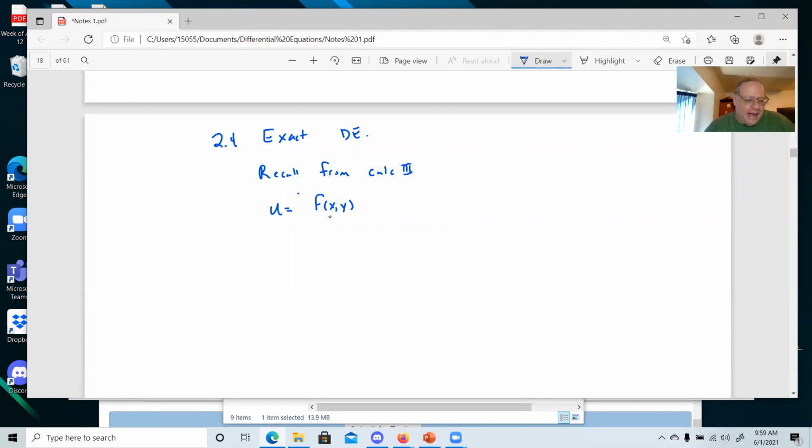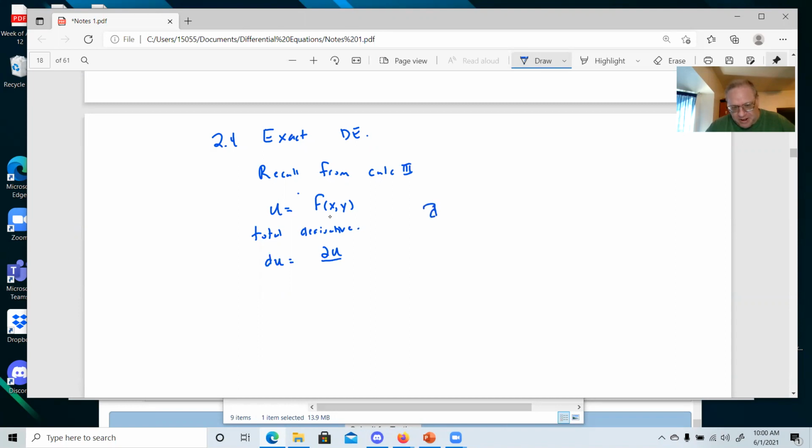Okay, and furthermore, I don't know if you remember what the total derivative is. A total derivative is du is equal to the partial of u. This is what the partial symbol looks like. It's kind of like a 2, or a d, but with a little tail at the end.